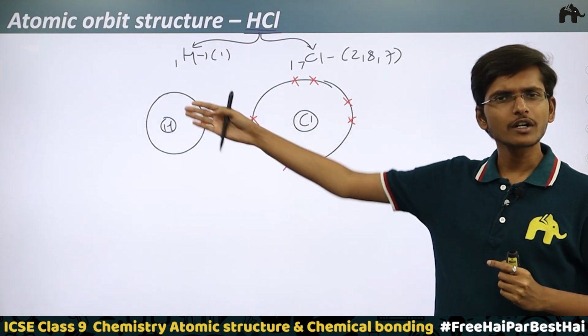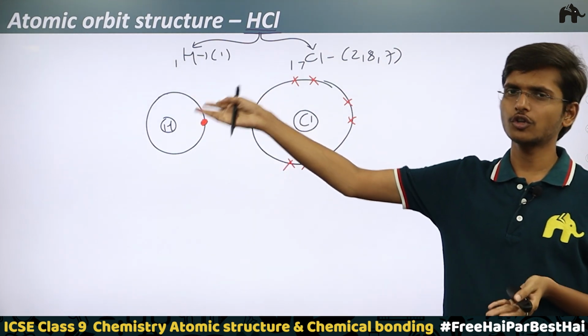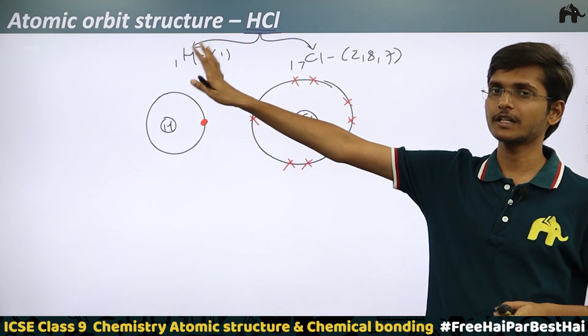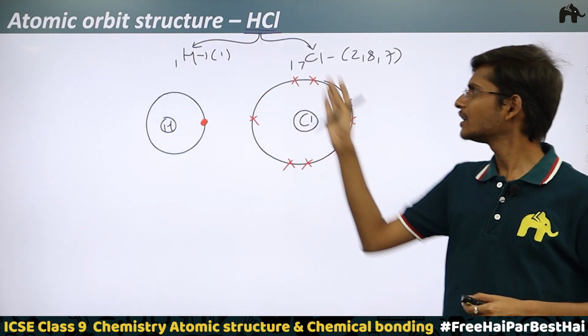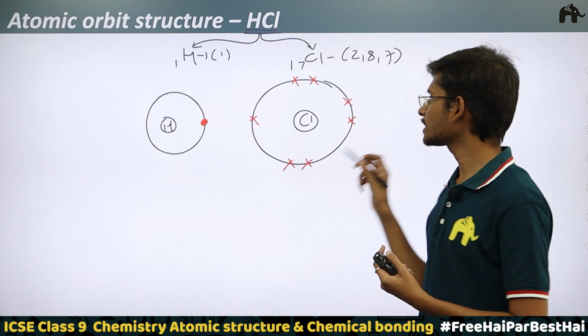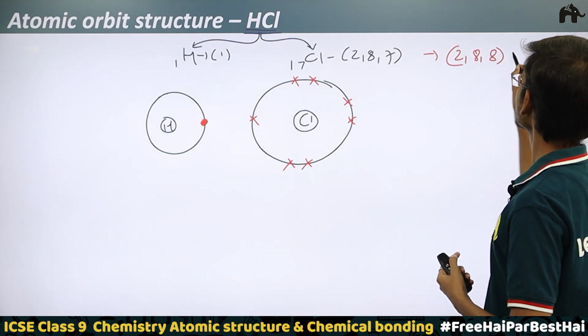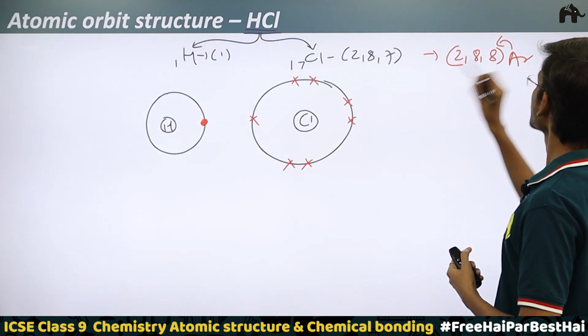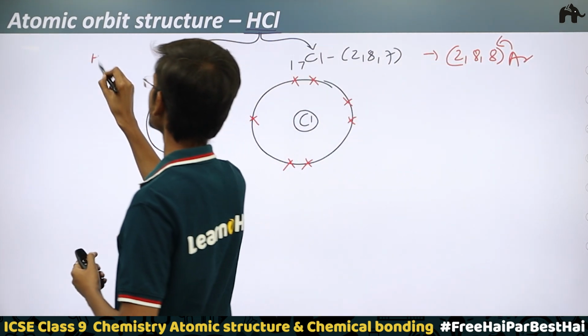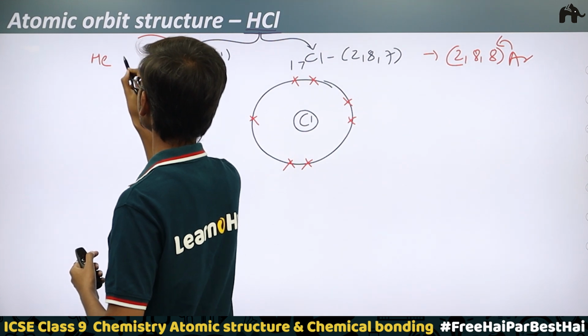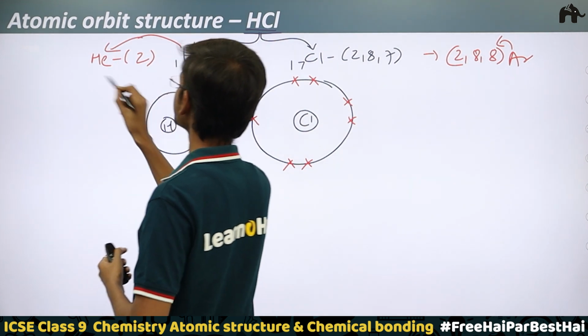So here hydrogen wants to attain the electronic configuration of helium. We have already seen this when we studied the formation of the H2 molecule, right? Chlorine here wants to attain the electronic configuration of argon, 2, 8, 8, argon.